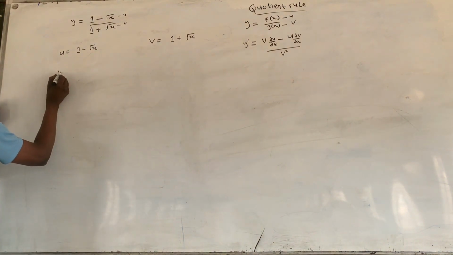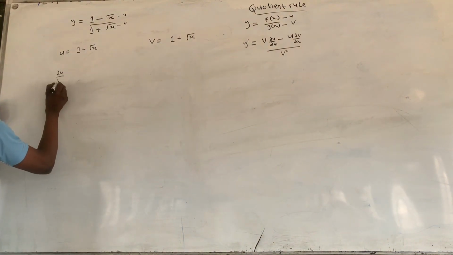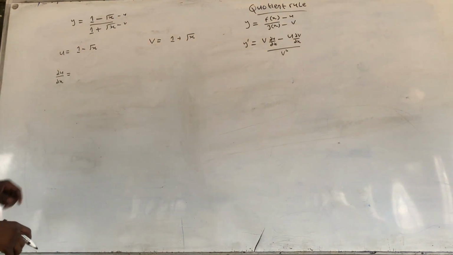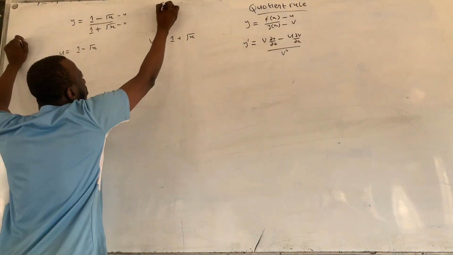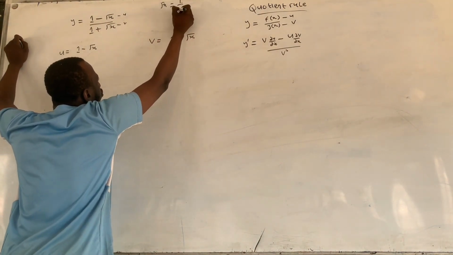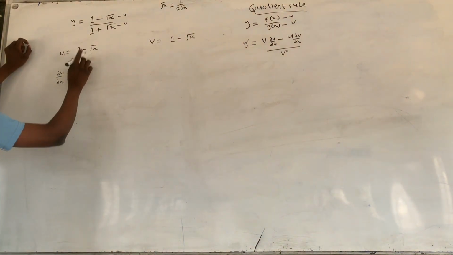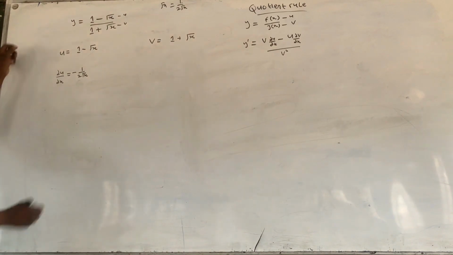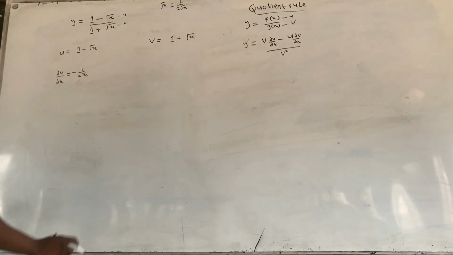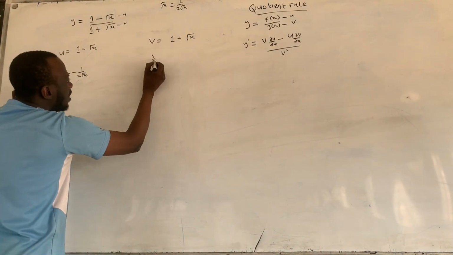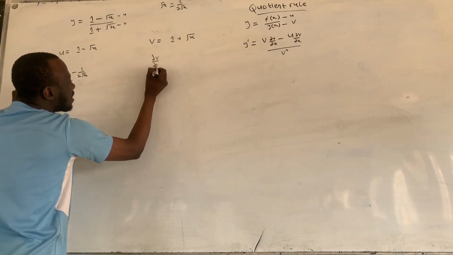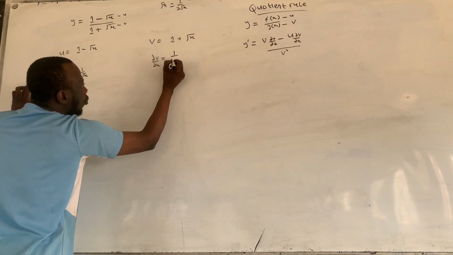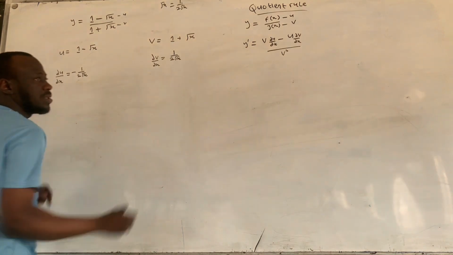Here we have du over dx. The 1 is a constant, so its derivative is 0. Remember that the derivative of root x is 1 over 2 root x. The minus sign is still there, so minus 1 over 2 root x. Then we have dv over dx, where the derivative of 1 is 0 again, and we have 1 all over 2 root x.